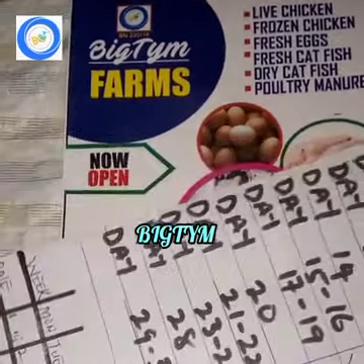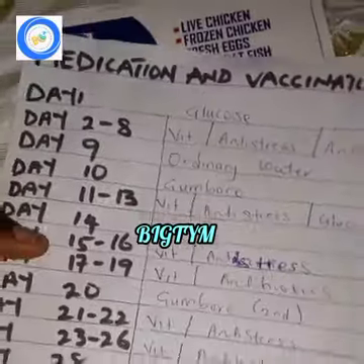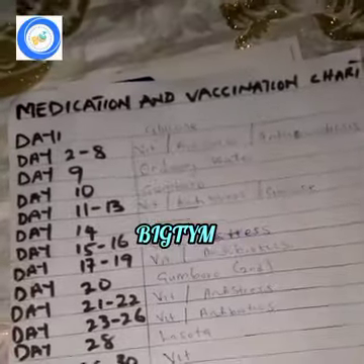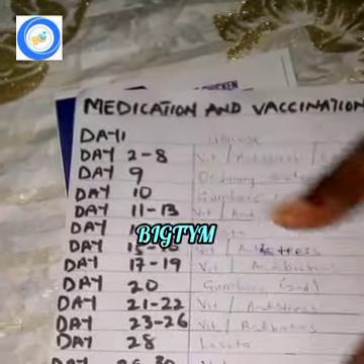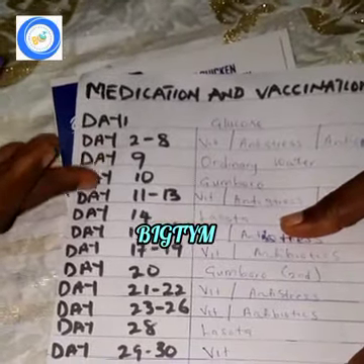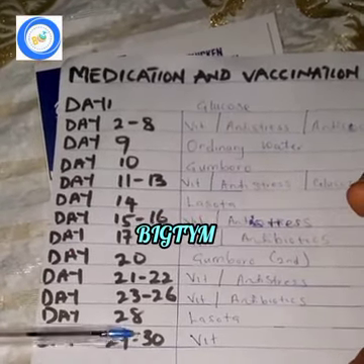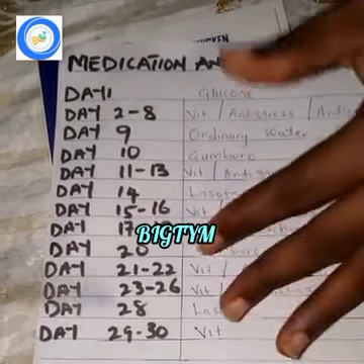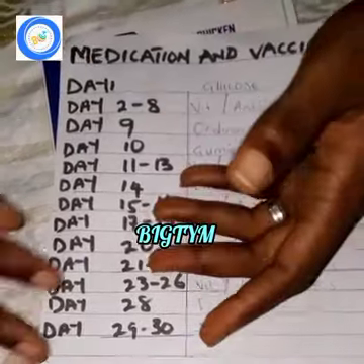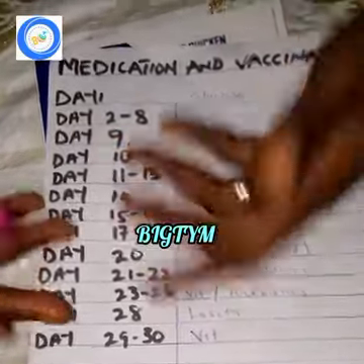Then, on top of your calendar chart, you're going to have something like this. These are the days I am going to stop. My medication chart stops at day 30. After day 30, I can give my birds anything I want to give.